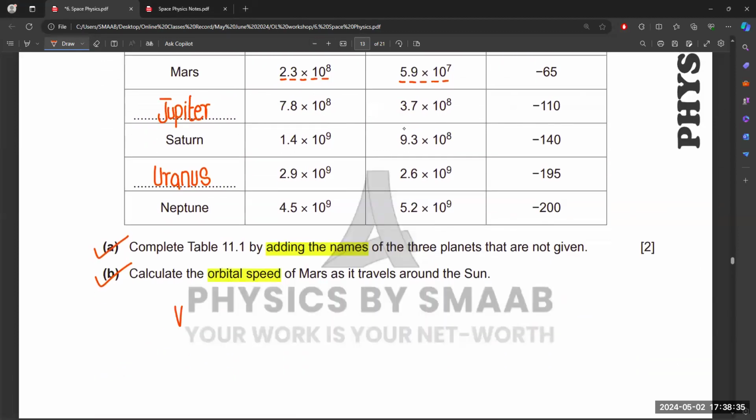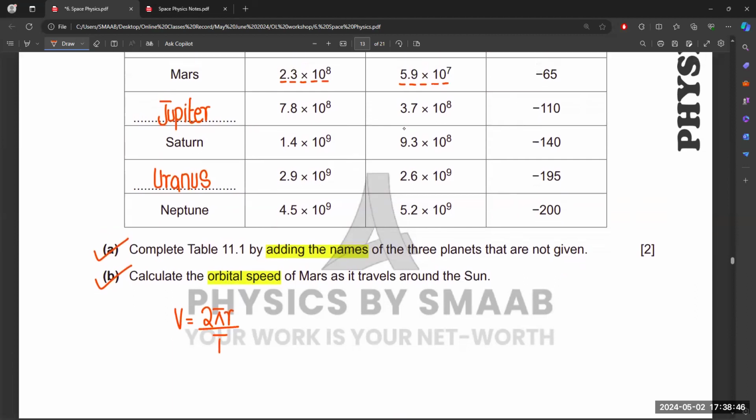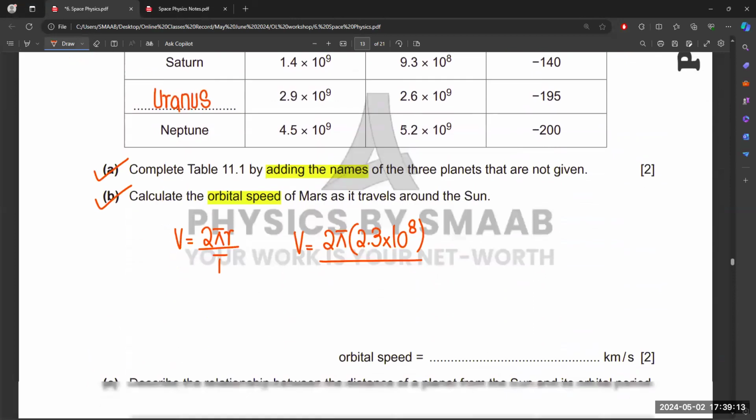So the formula is speed equals distance divided by time. Distance is already given in kilometers, so we don't need to convert anything. Time is already given in seconds, 5.9 × 10^7.